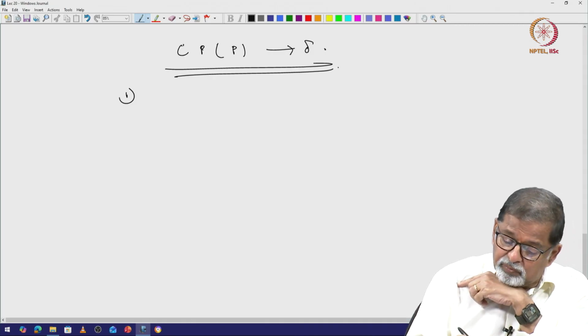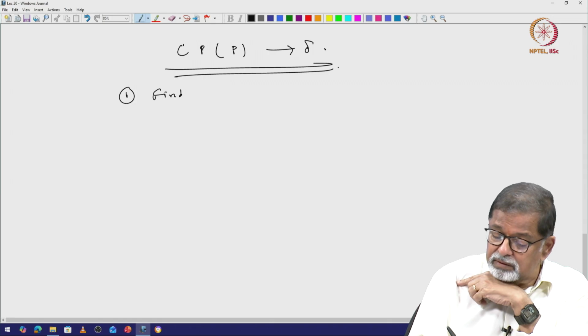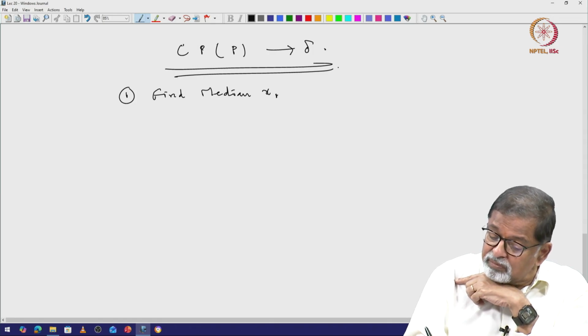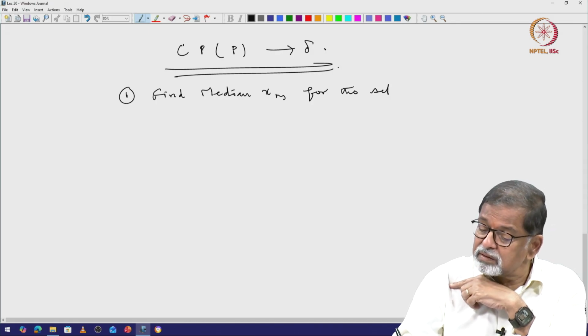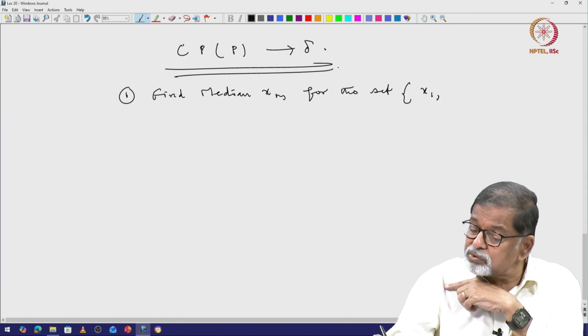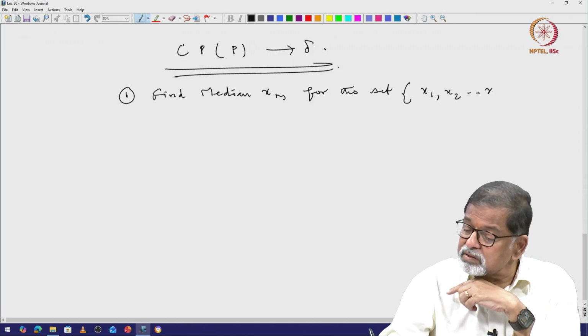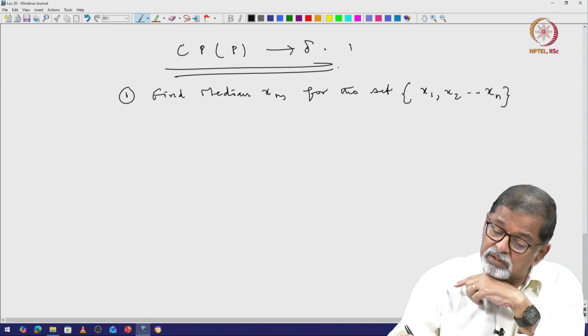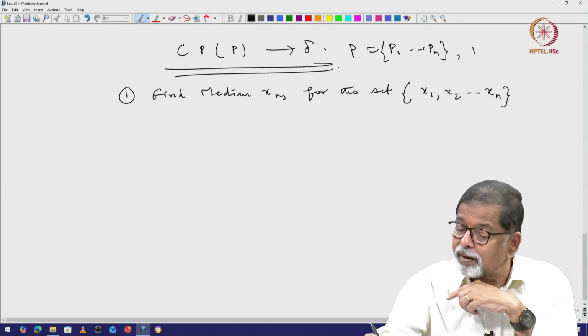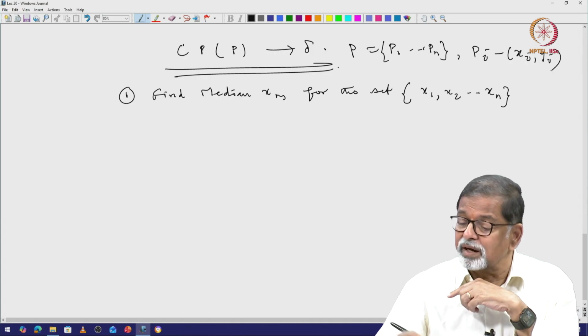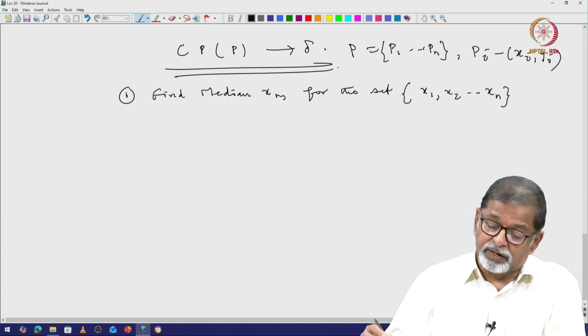Step 1, find the median x m for the set x1, x2, etc. xn. Here P is the point set P1 to Pn, and Pi is xi, yi. Find the median.